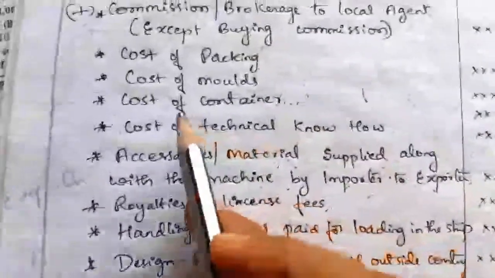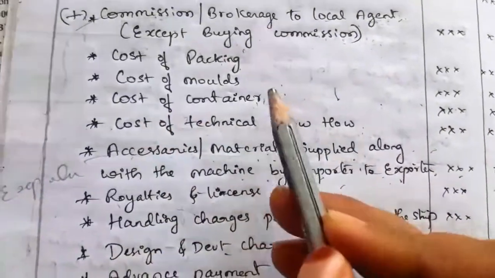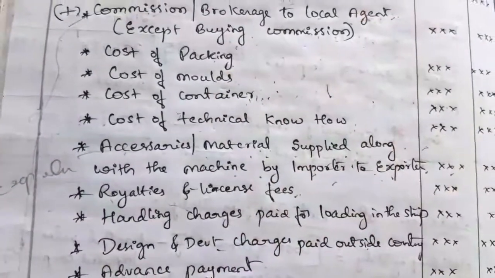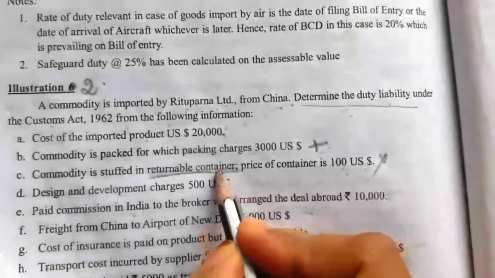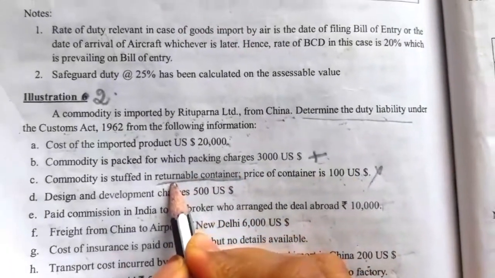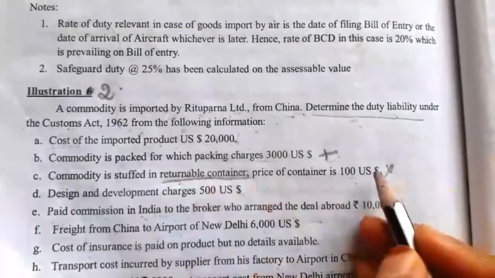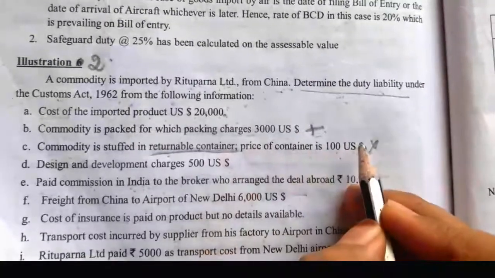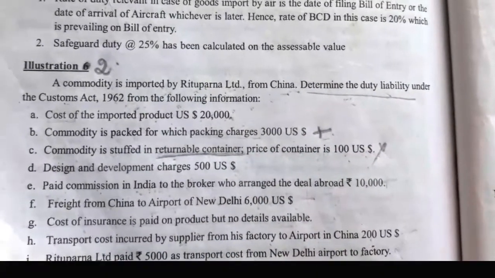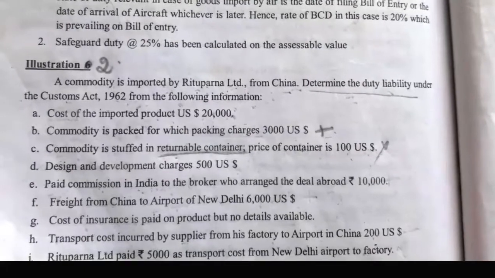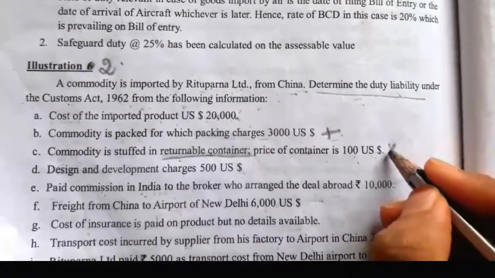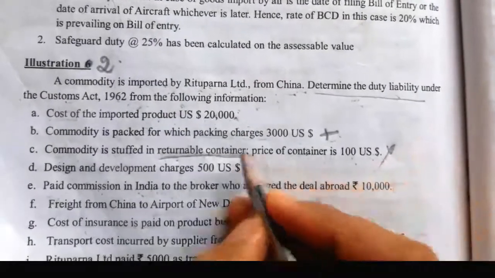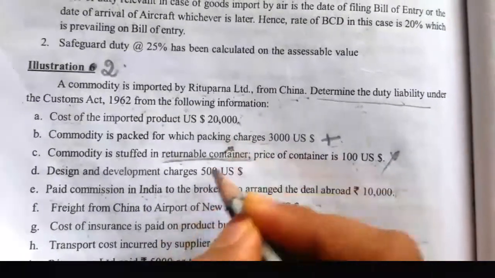Container is essential packing for any product, but a container which can be returned is not an essential packing. So the cost incurred for that returnable container is not taken as expenses incurred for the cost of the product. So we should not add this. Returnable container is not taken.